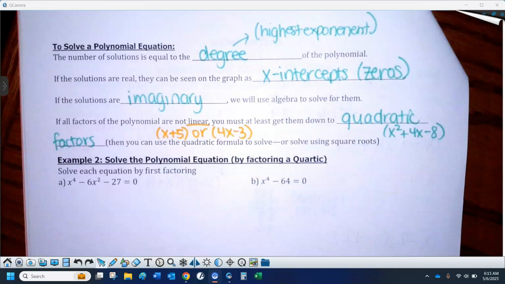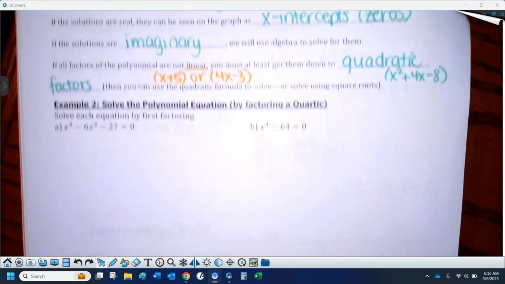But quadratic factors, if we have those as part of our solution, as we're trying to break down any kind of a polynomial, we can use the quadratic formula. Possibly we could use completing the square. If we can factor it, then that means we didn't go far enough. But most of the time, if we have a quadratic that doesn't factor any further, we're going to try to use the quadratic formula on that.